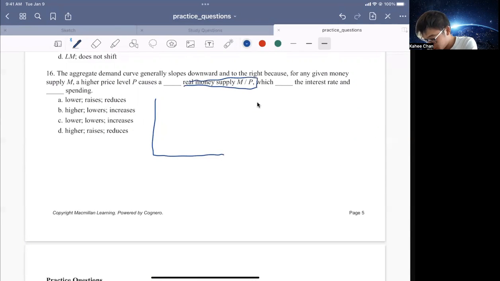If we see something like this, we always think about the theory of liquidity preference. The question said for any given money supply M, so that M is going to stay the same. And there's a higher price level P, which means that P is increasing. If the denominator is increasing, the vertical line is going to shift to the left.